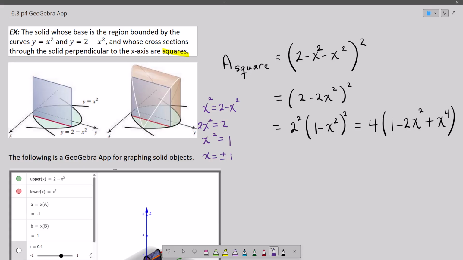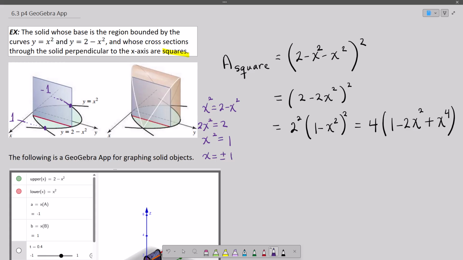That tells us that this x value over here is at positive 1, and this x value way back inside there is at negative 1. So at those 2 points of intersection, when x is plus or minus 1, we should end up with a cross-sectional area of 0. Let's check.